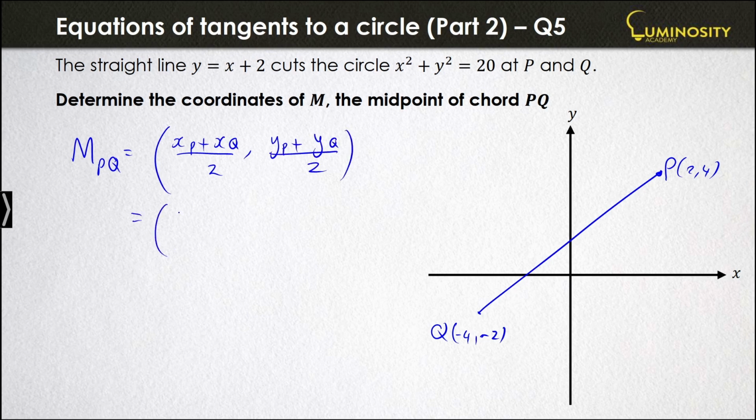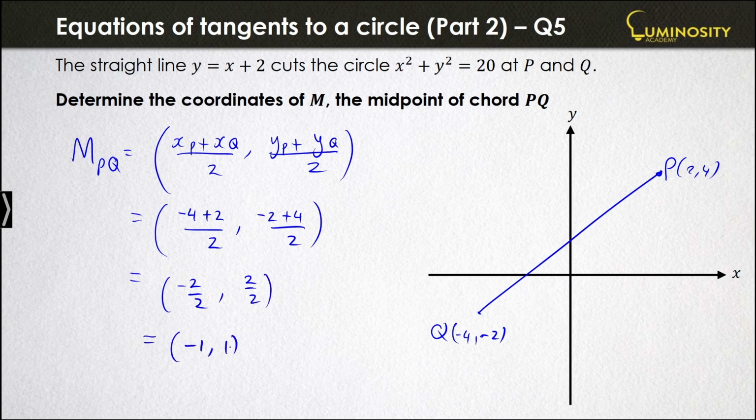That's negative 4 plus 2 divided by 2, and then negative 2 plus 4 divided by 2. Negative 4 plus 2 is negative 2. Negative 2 plus 4 is positive 2. Dividing both of those by 2, I get negative 1, 1. So negative 1, 1 is over here, and that is the midpoint.